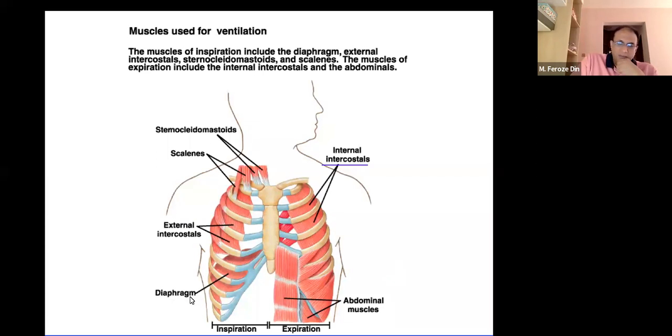How the diaphragm works, we'll come to. But basically, the diaphragm can change from a dome shape, note that it's dome, D-O-M-E. Many of you write doom in examination. It is dome-shaped, D-O-M-E. And when it contracts, it becomes flat, so it actually increases the volume above it.